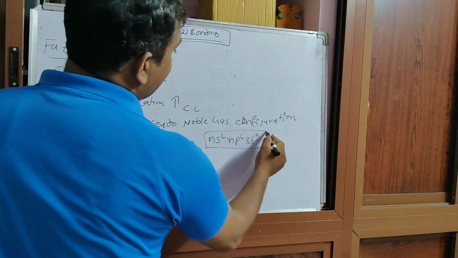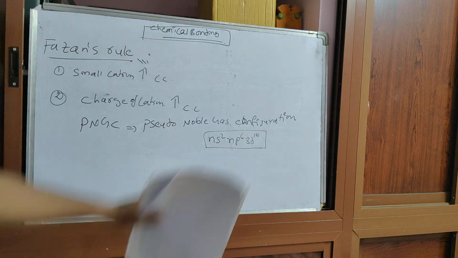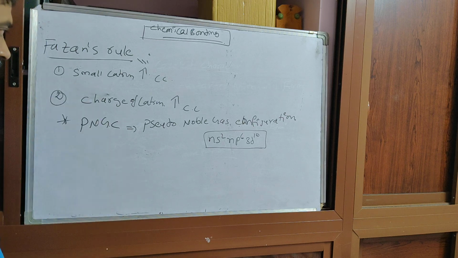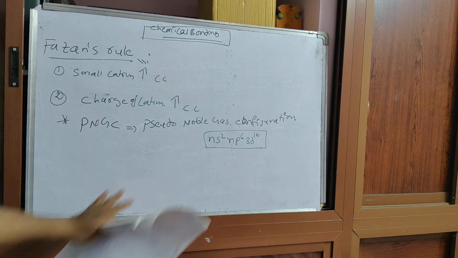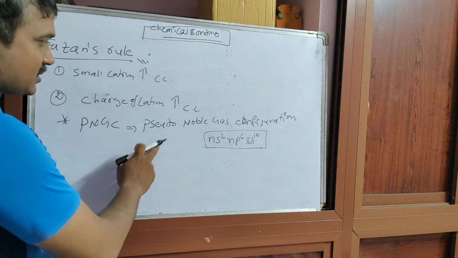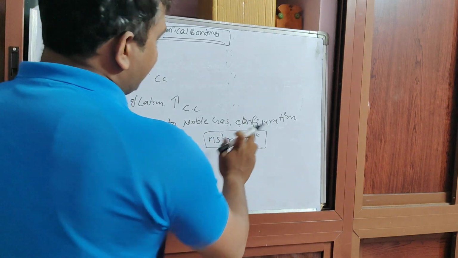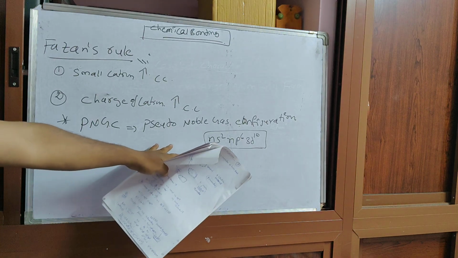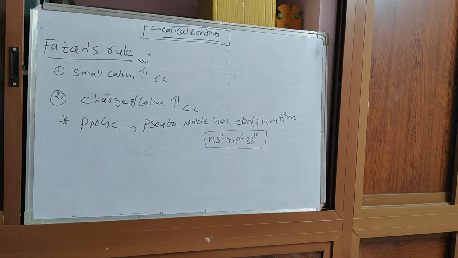If any molecule shows this configuration, that will form more covalent character. This is also one of the most important points in this discussion. A cation with ns2 np6 nd10 will form more stable covalent character.